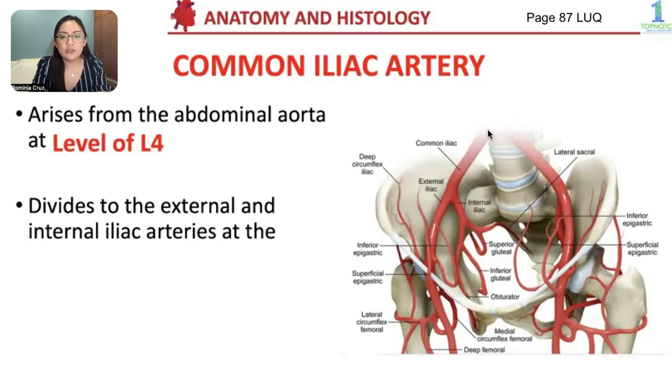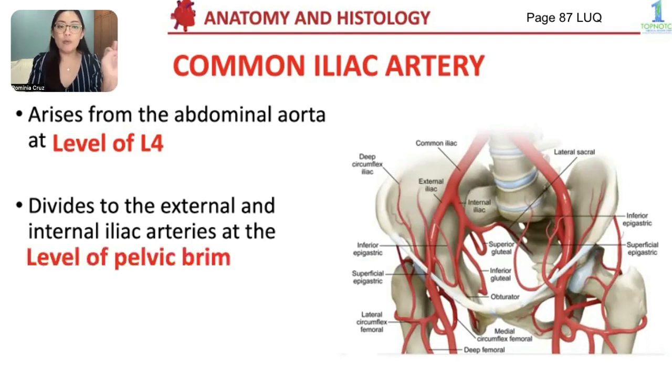Level 4, it continues down to your pelvis and ends when it divides to your external and your internal iliac arteries at the level of your pelvic brim. Okay? So, must know itong dalawang to. Abdominal aorta bifurcates sa level ng fourth lumbar vertebra to become the right and left common iliacs, while your common iliac would bifurcate at the level of the pelvic brim to become your external and internal iliac arteries.